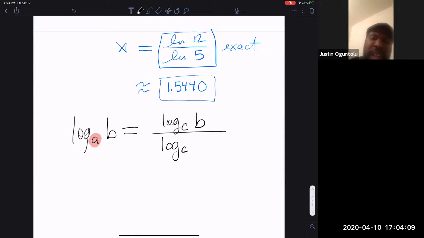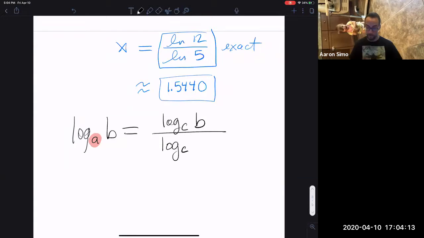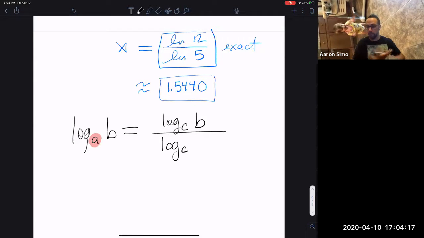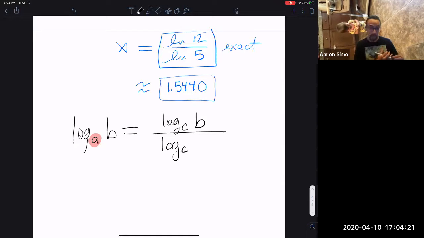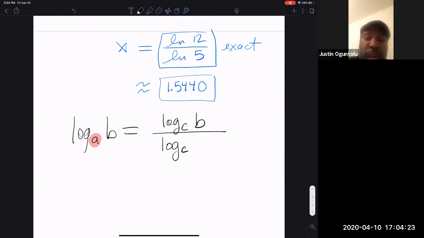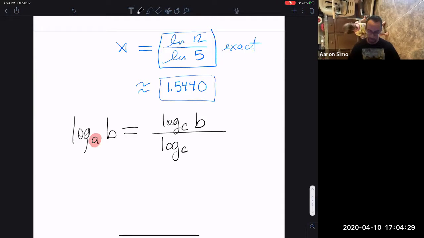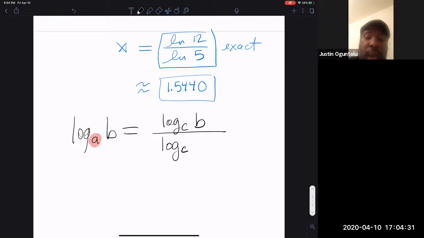Don't you have to keep in mind that you came from some base? Oh, A? Yeah, we started with A. So what do you think it is down there? Log base C of what? Of A. That's right, exactly, good.